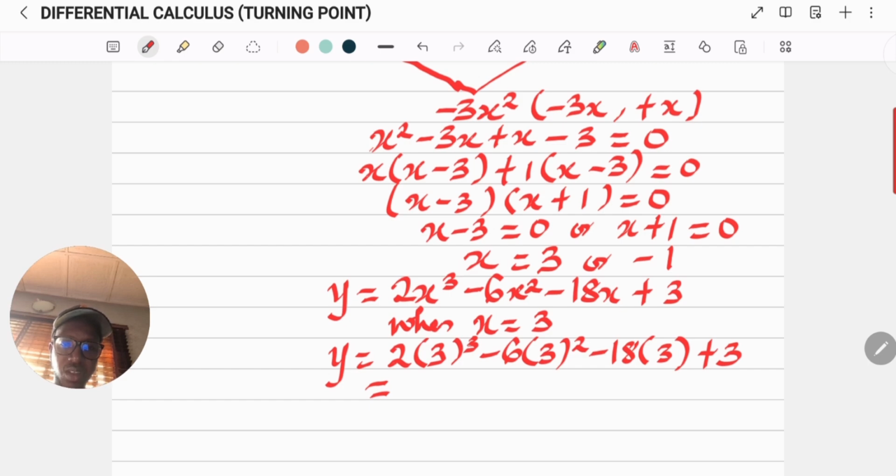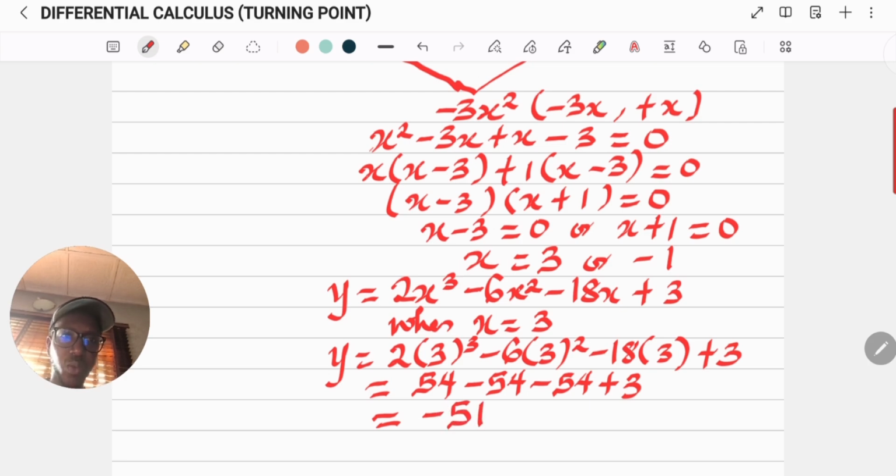And this will give us 3 raised to the power of 3, that's 27 times 2, that's 54, minus 3 squared, which is 9, 9 times 6, that is also 54. All right, minus 18 times 3 as well is going to give us 54, plus 3. So from here we have 54 minus 54, that's 0. Minus 54 plus 3, that's going to give us minus 51. Okay, so we've just gotten y when our x was equal to 3.